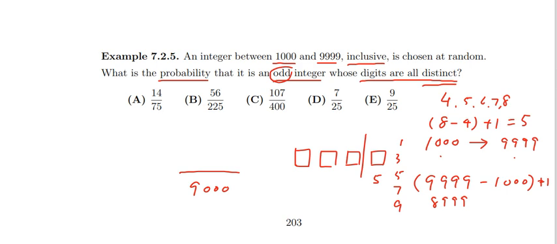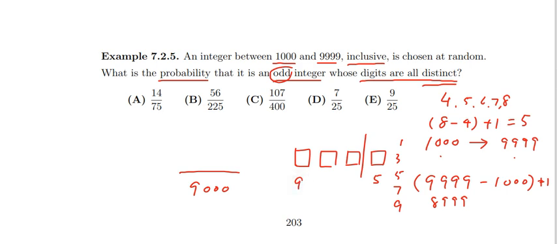Then check the other 3 positions. The first one, since it's at least 1000, cannot be 0, should be 1 to 9. So for the first one we have 9 ways.